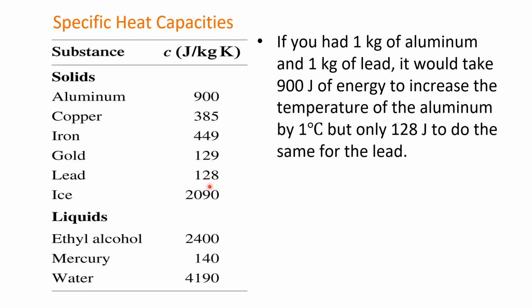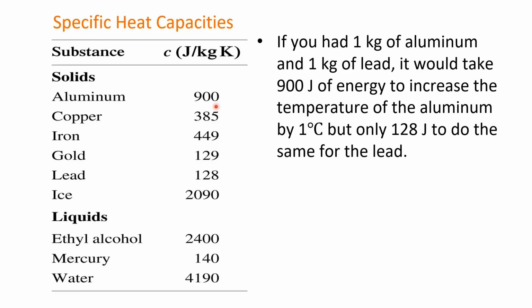So the specific heat gives you an idea of how much energy you need to add to change the temperature of an object by a certain amount. Okay, so bigger specific heat capacity means more energy is required to change temperature, or if you want to think of it as to lower temperature, more energy is required to be removed.